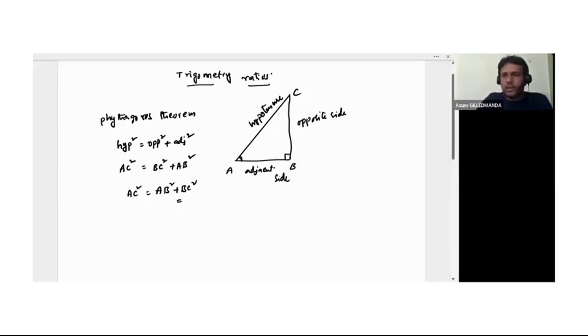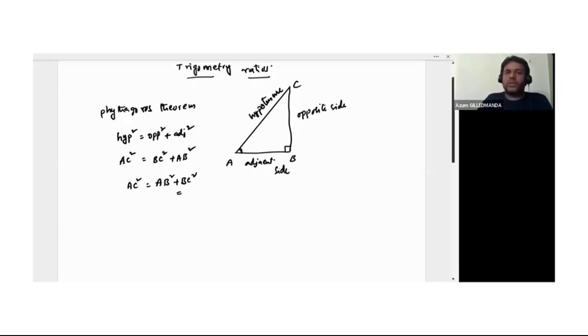Now let's look at some examples of how this Pythagoras theorem is useful. For example, I have a right angle triangle and I know two sides. Let's say ABC is the right angled triangle with right angle at B, and the hypotenuse is 5 centimeters and this side is 3 centimeters.